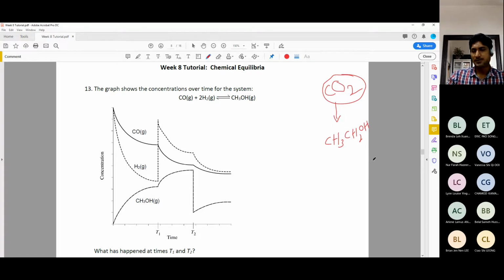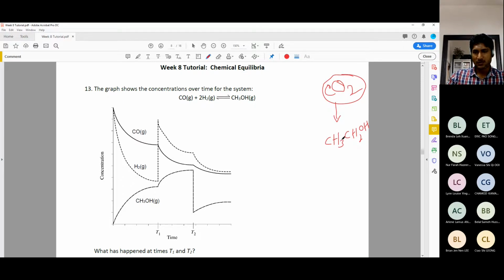Also, ethanol is used for biofuel, right? So if we can catch carbon dioxide and produce ethanol, then our global warming problem will be much more solved. But the problem is, it is not easy to catch carbon dioxide and produce ethanol.